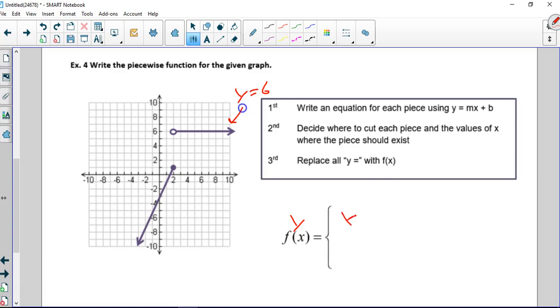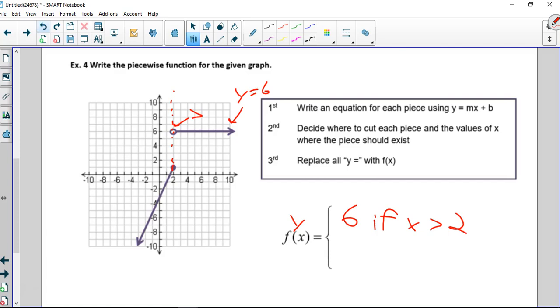So we say y equals 6. So that's my first equation. But I don't want the entire line. I only want it for when x is greater than 2. And I put greater than because it's an open dot.